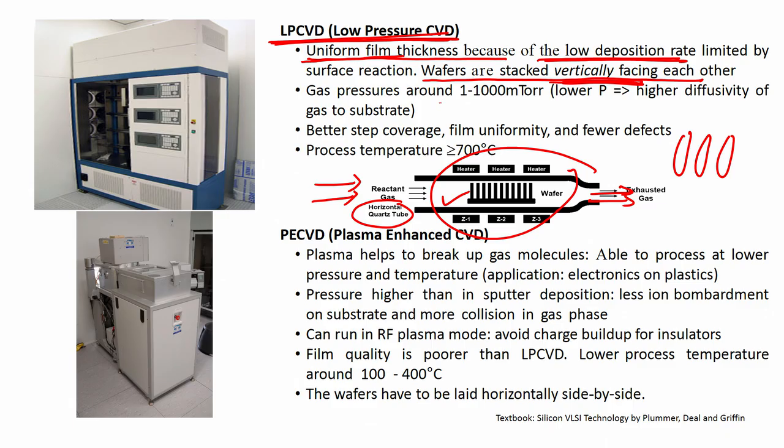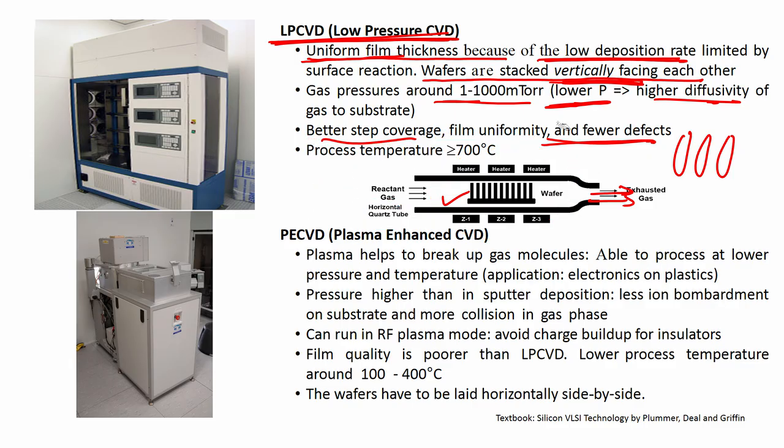Now, gas pressure is around 1 to 1000 millitorr, and lower pressure means higher diffusivity of the gas to the substrate. Then another advantage of LPCVD is better step coverage, film uniformity and fewer defects, alright.